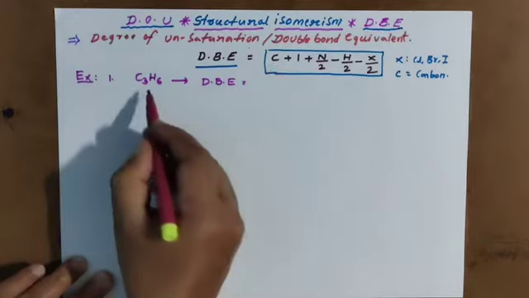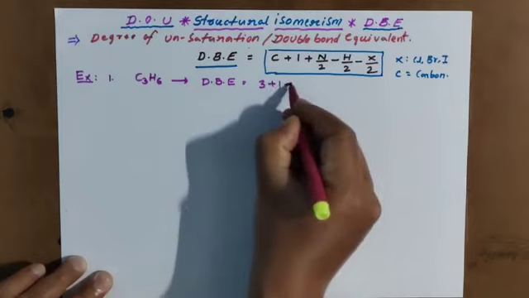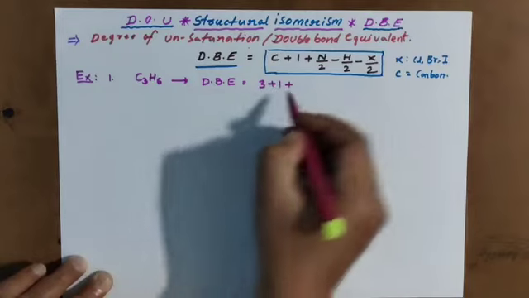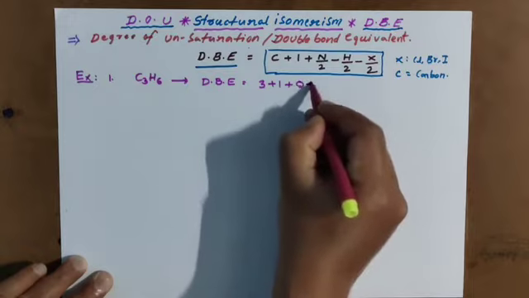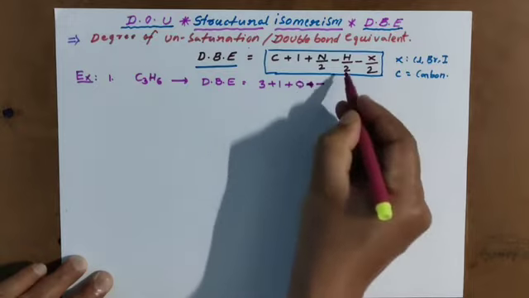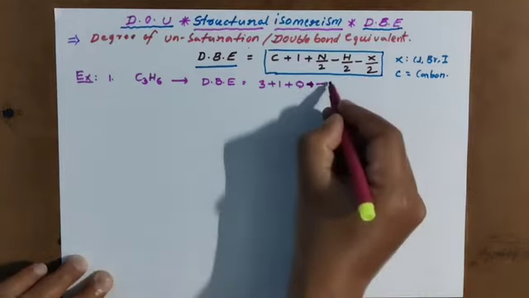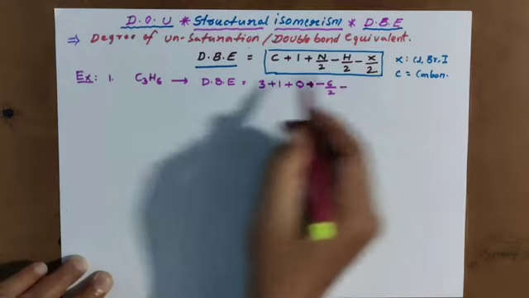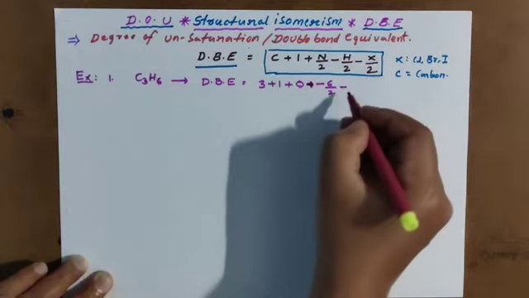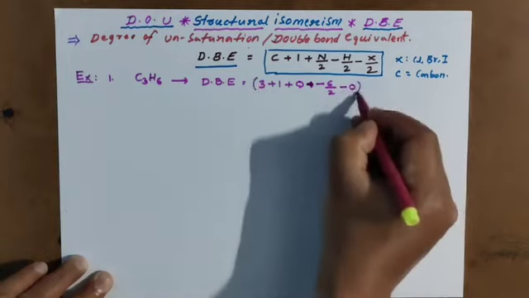C, number of carbon atoms, how many? 3, plus 1, plus N by 2. N we don't have, so 0, minus H by 2. How many hydrogens are there? 6, so 6 by 2, and minus X by 2. Halogens are not there, so 0.